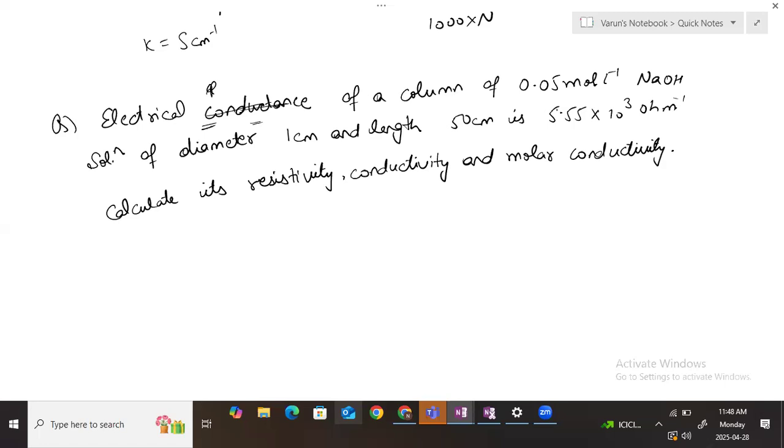So if your resistivity comes out to be 81.135, then conductivity will be 1 divided by 81.135. You have done the correct thing. And one more thing, you have to always mention the units.